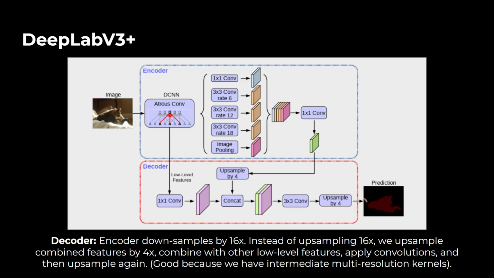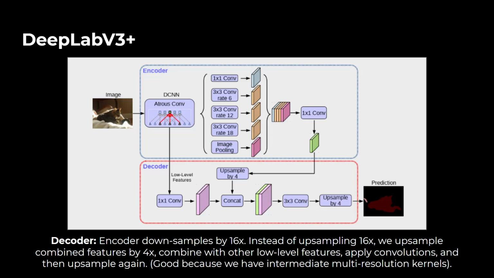And what they also do is for the decoder, instead of just upsampling the image by however much, right? So like the encoder might downsample the image by 16 times, right? Previously, what the DeepLabs did is they would just upsample the image by 16 times and then get the prediction from there, right?